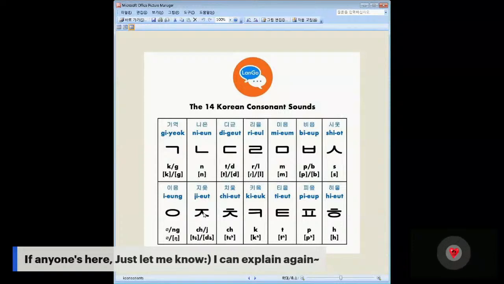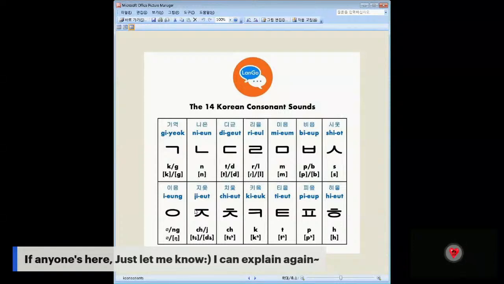And the next consonant is 지읒. It's also somewhere between ch and j, but softer, like 지, 주. 지읒, 지읒.